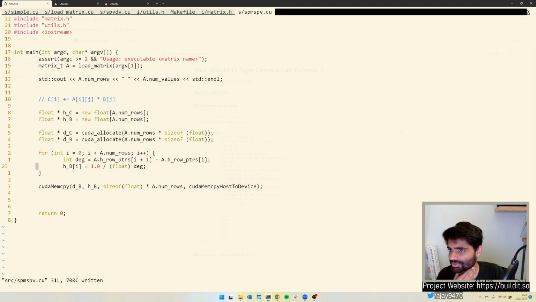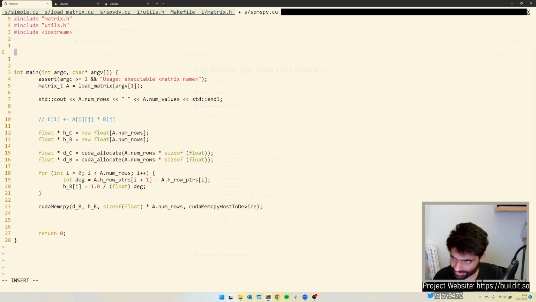Now let's write the actual kernel for doing sparse matrix dense vector multiplication. So how does that look? SPMV. I'm going to first accept the matrix A. I'm going to accept the float star d underscore b, and I'm going to accept the output array.